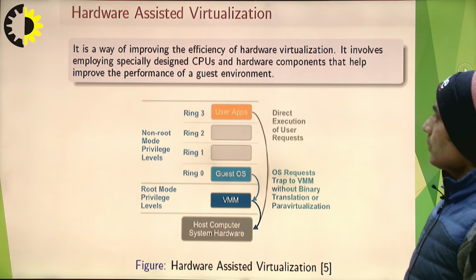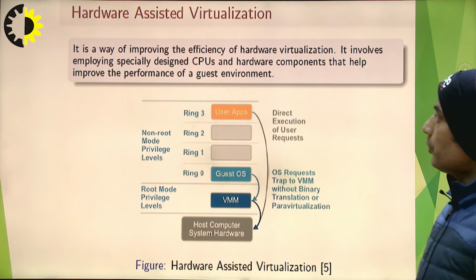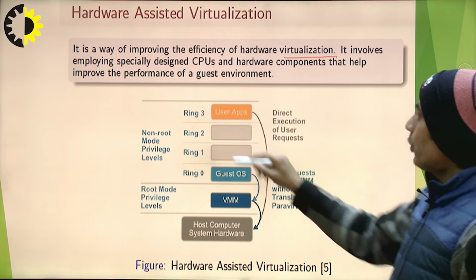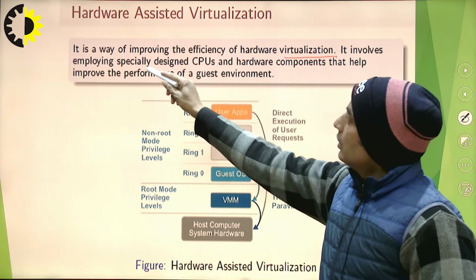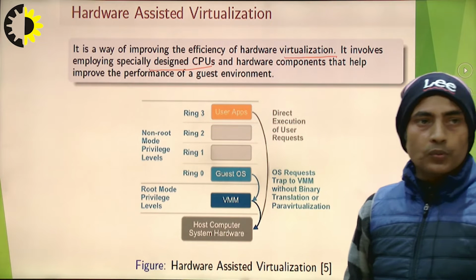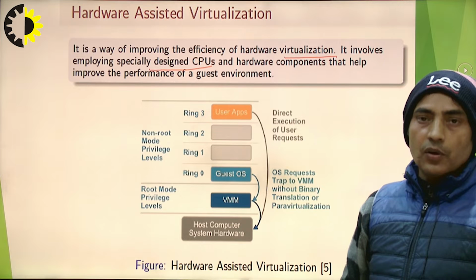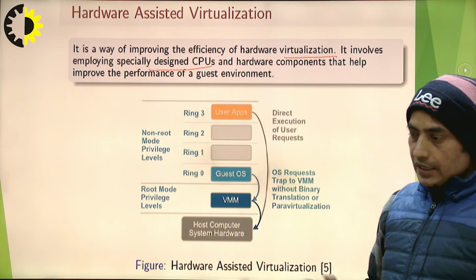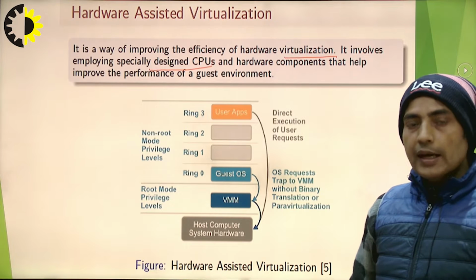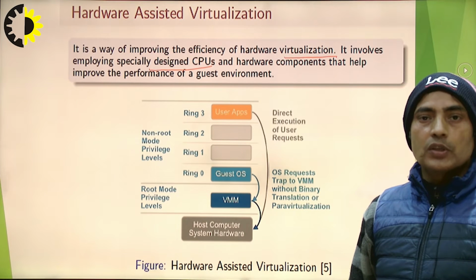It is a way of improving the efficiency of hardware virtualization. It involves employing specially designed CPU and hardware components that help improve the performance of a guest environment. So this technique came into the picture to provide an efficient environment for virtualization.